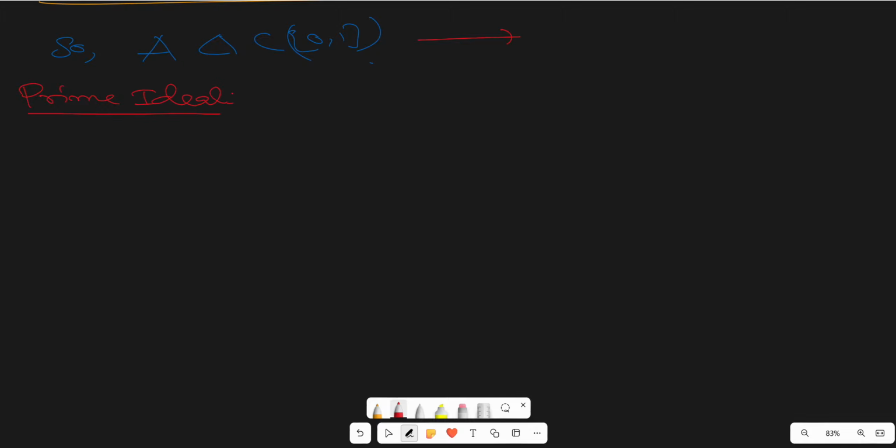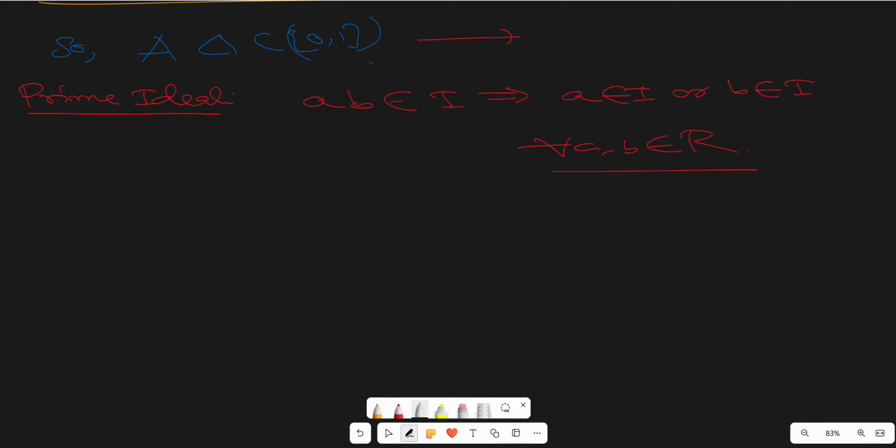Prime ideal means if you have ab inside the ideal I, this should imply that either a is inside I or b is inside I, for every a, b inside the ring R. This is the definition of a prime ideal. A maximal ideal means you cannot squeeze anything in between. Okay, let's check for prime first.